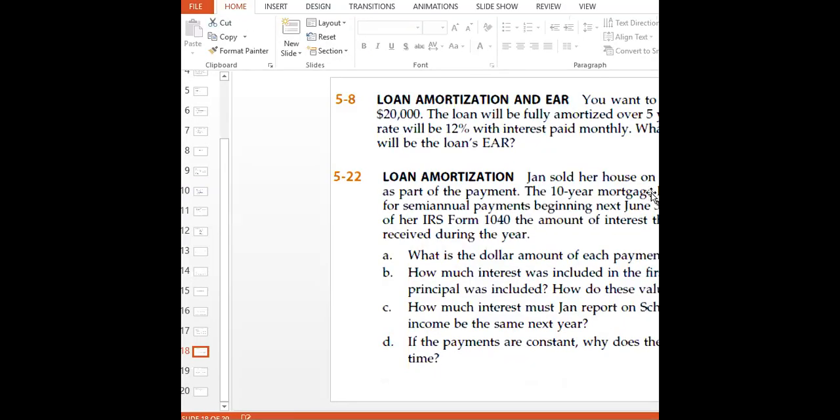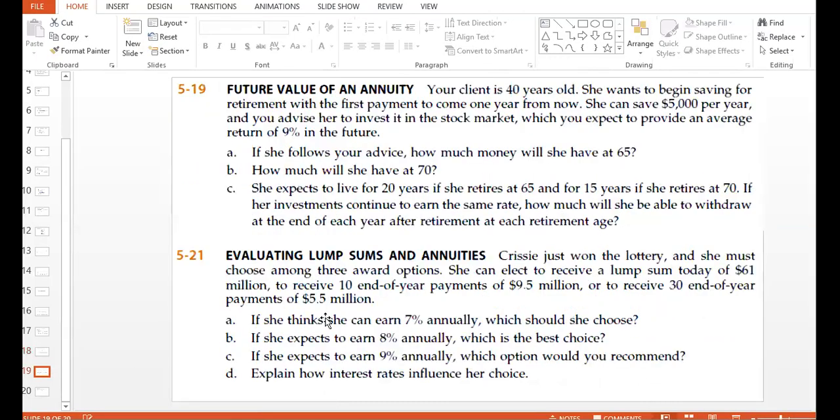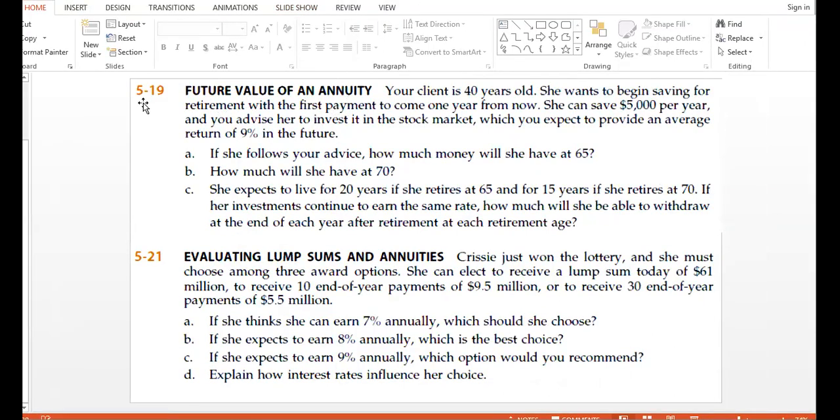Okay, so we have the next problem. The next problem is future value of annuity, 5-19. This is not related to loan amortization, but it is related to present value and future value of annuity.